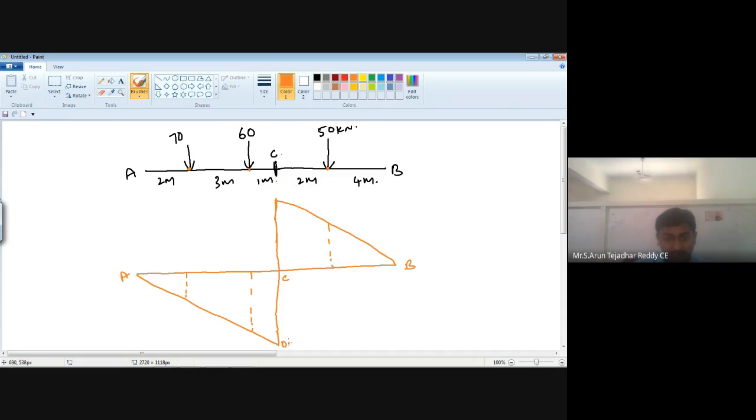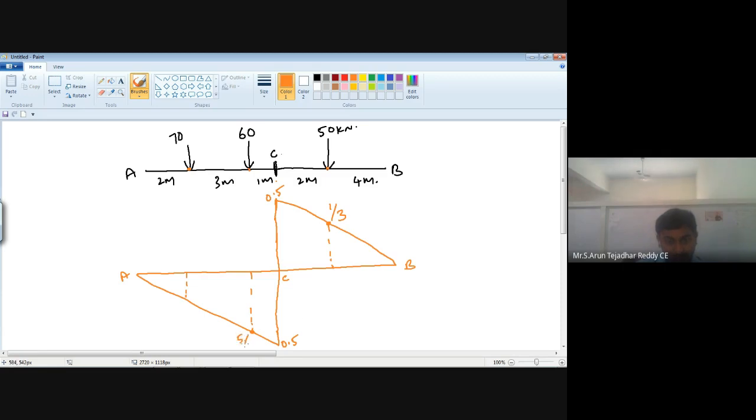Here it is 0.5. Now, just now we calculated the x1 value. This is our x1. What is the value? 1 by 3. Next, x2 value: what is the value of x2?